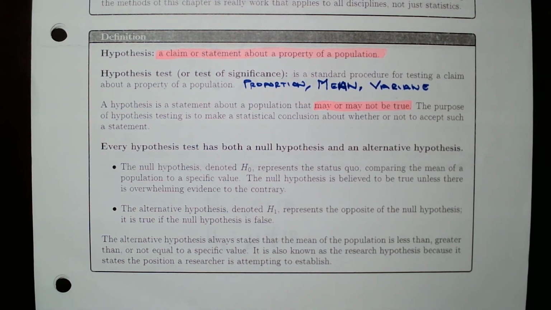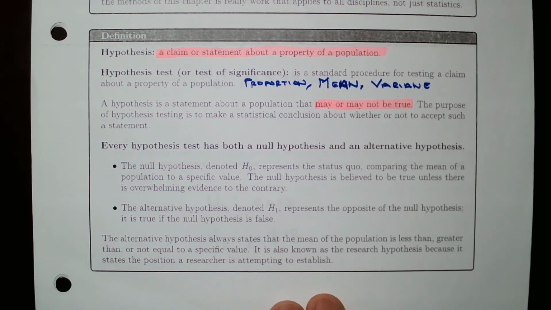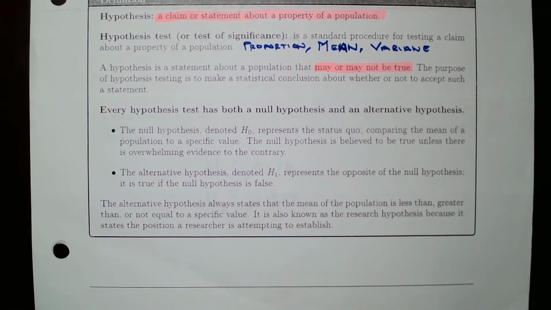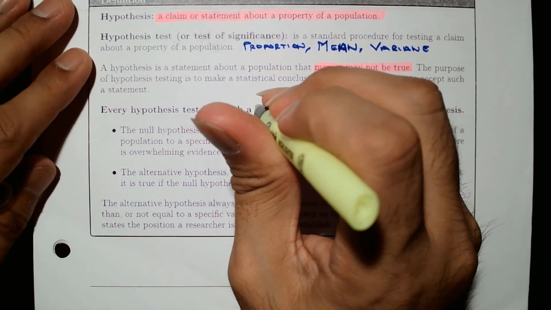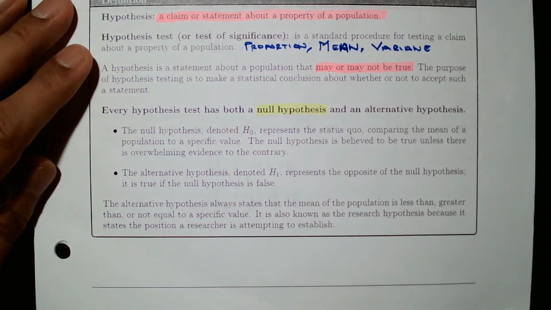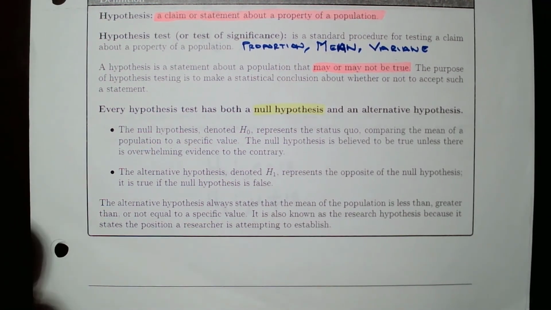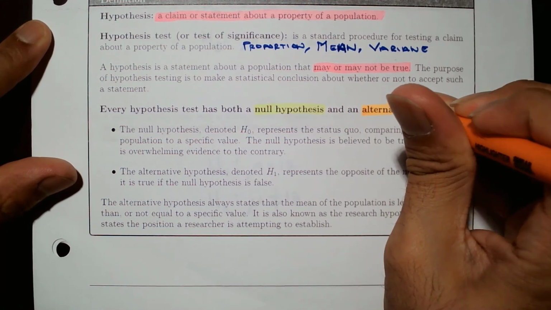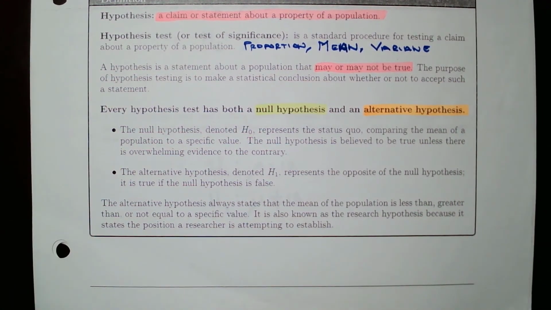Before going over examples, let's look at the composition or the structure of this type of process. Well, every hypothesis test has essentially two hypotheses. Number one, the null hypothesis, and the alternative hypothesis. All right. How can we make a distinction between them?